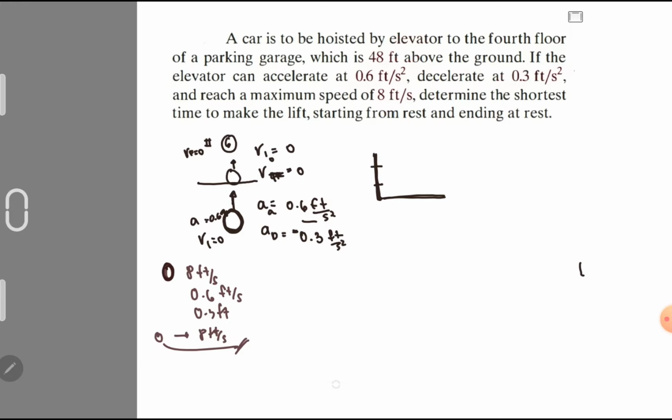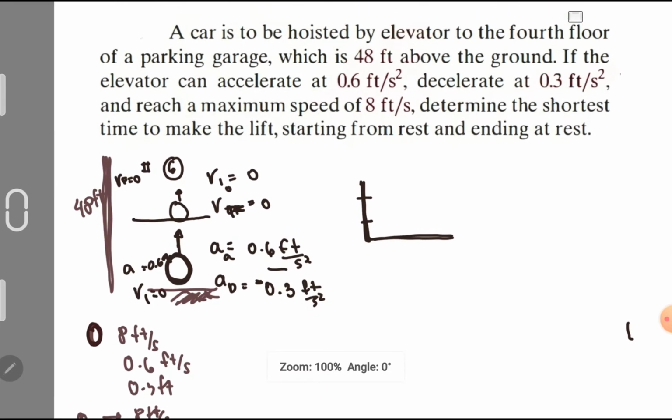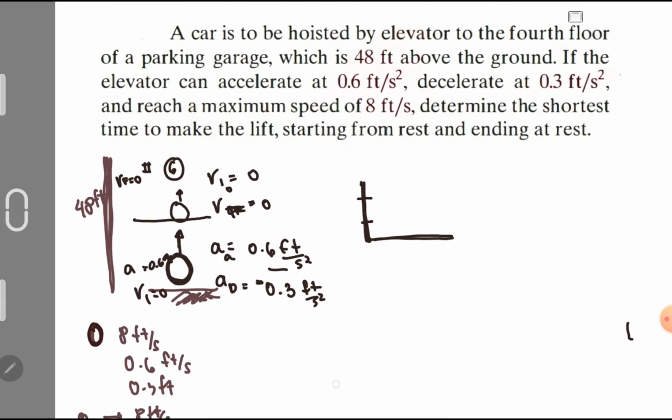You will notice that our body has two accelerations. Take note, this will be our datum or our ground, and this is our height, which is 48 feet. Our body has two constant acceleration motions.